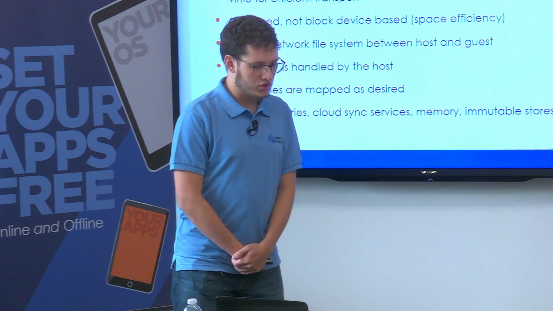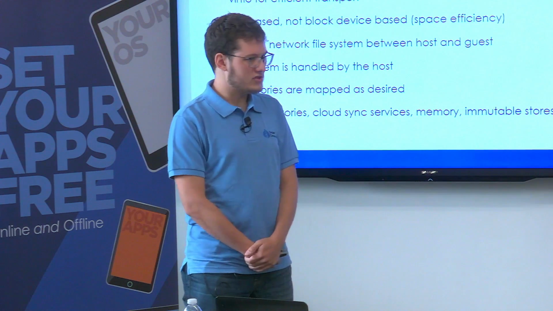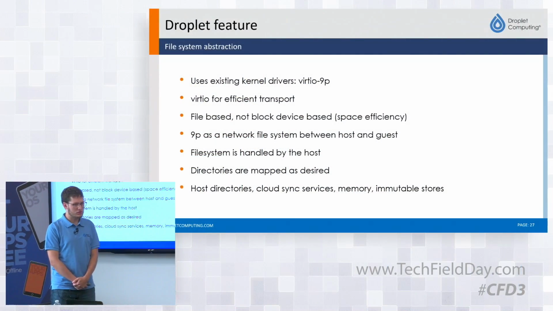So I want to quickly talk about file system. So we're not providing a block device to the Linux kernel, and instead we're doing it on a file system level, similar to a network file system.